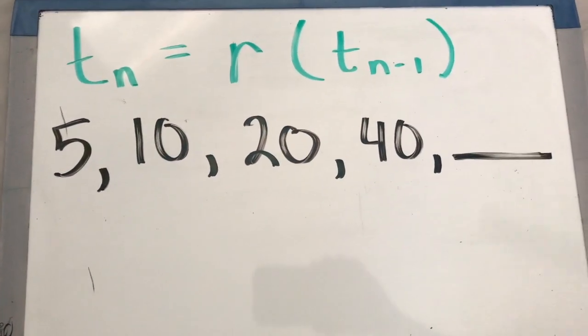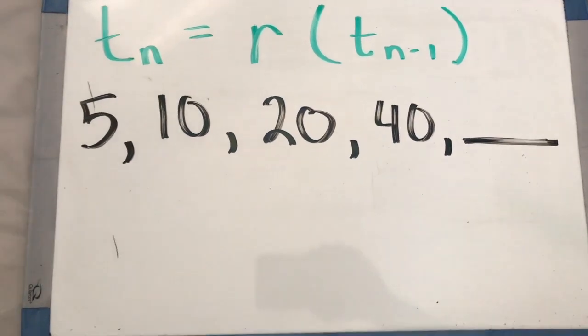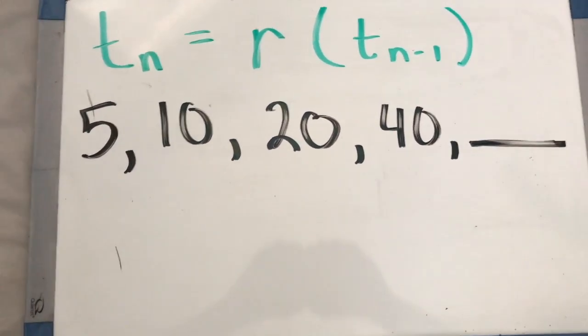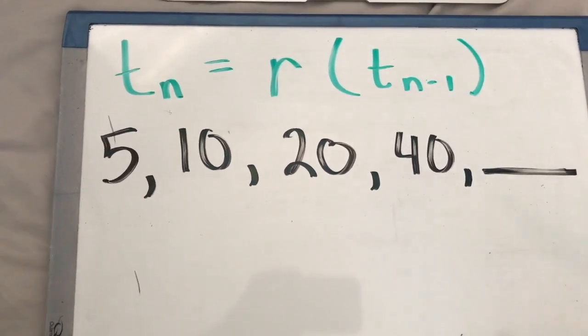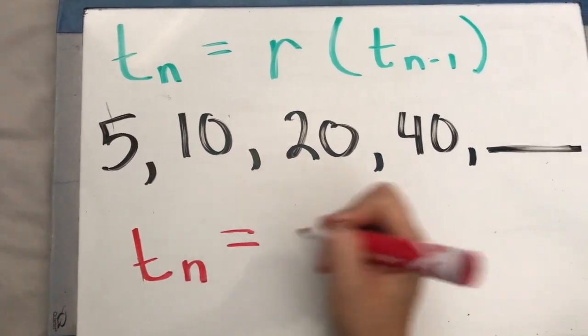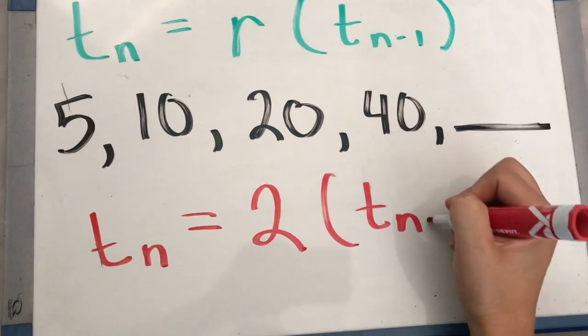So r represents the number that we're multiplying by. So for this sequence, we're multiplying by 2. So that means my r is equal to 2. So my formula will look something like t of n equals 2 times t of n minus 1.